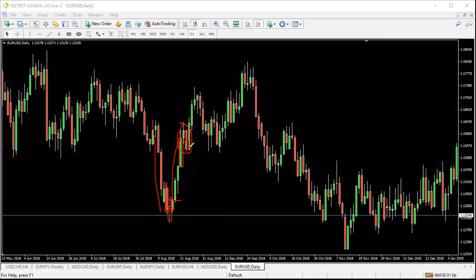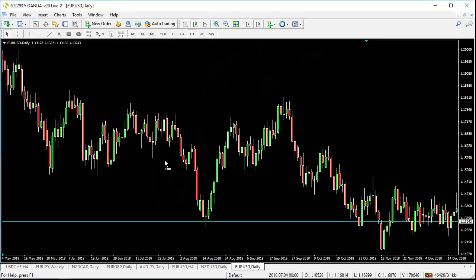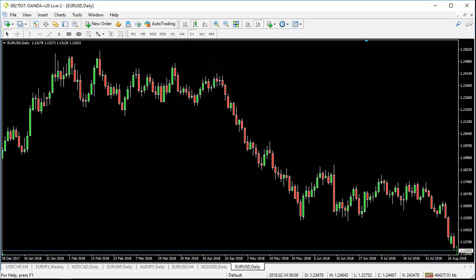Okay, I would have entered it to close. My stop loss would have gone to the recent low, and it would have ended up going the opposite direction. So like I said, it does not work every time, but we can find an evening star pattern that does work.